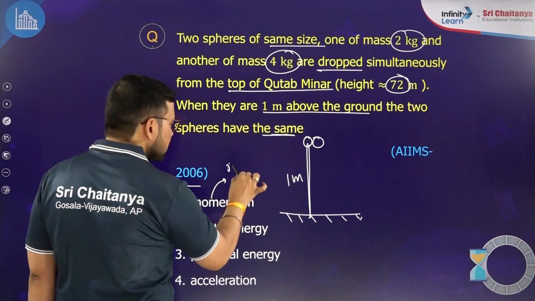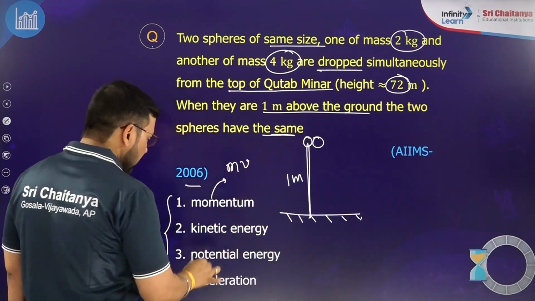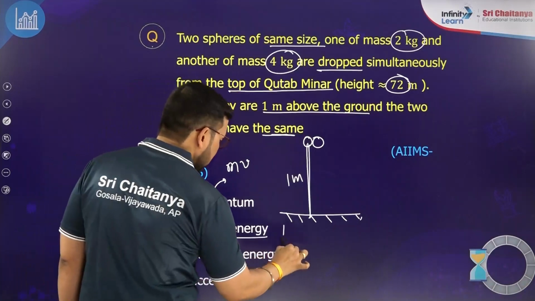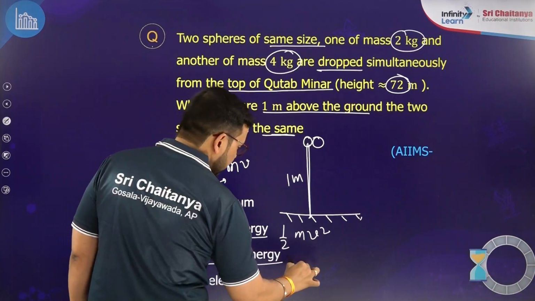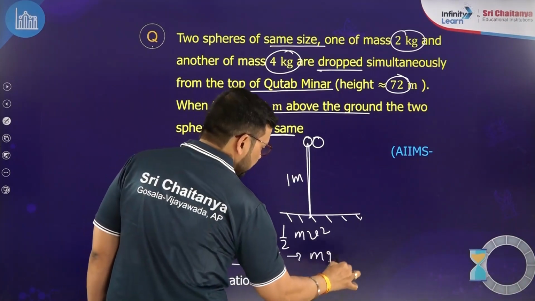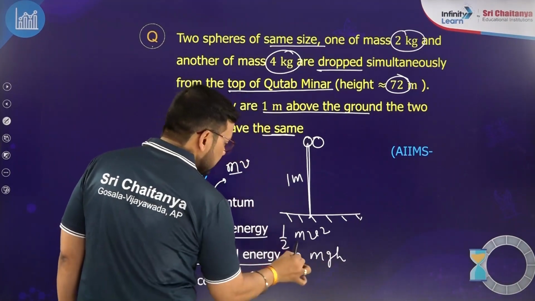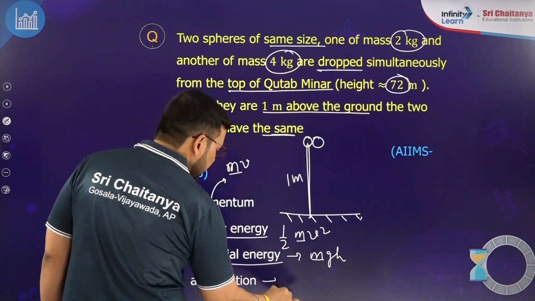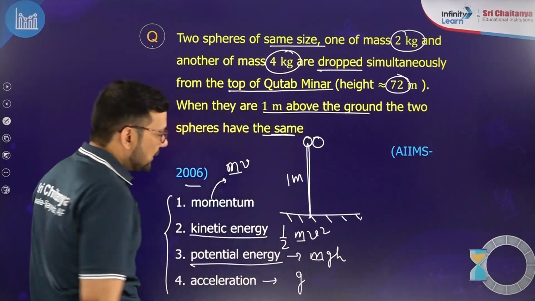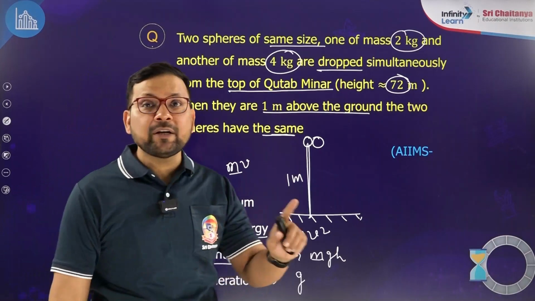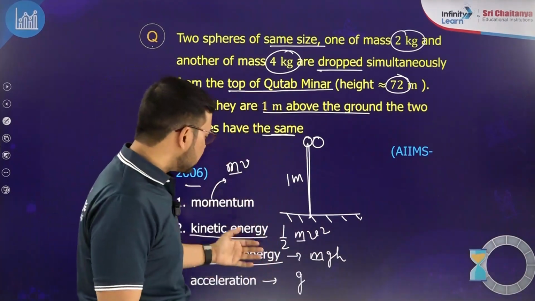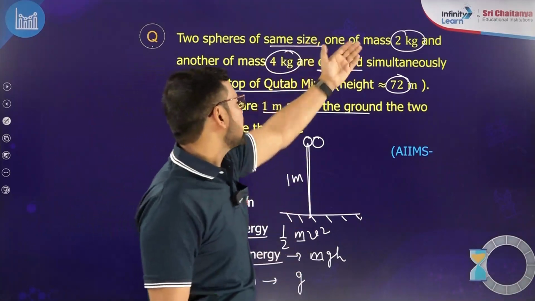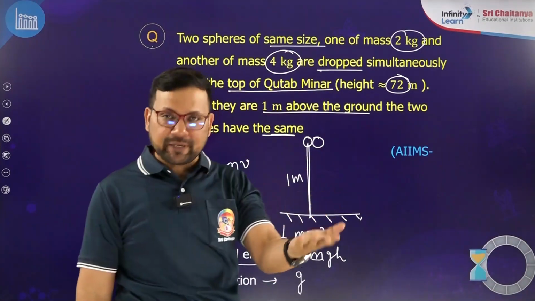Momentum depends on mass into velocity. Kinetic energy depends on mass, half mv square. Potential energy, mgh. So here masses are different, but acceleration in fall is g. Acceleration does not depend on mass. So prima facie we can say in this question some quantities depend on mass and masses are different. So those quantities could be different.